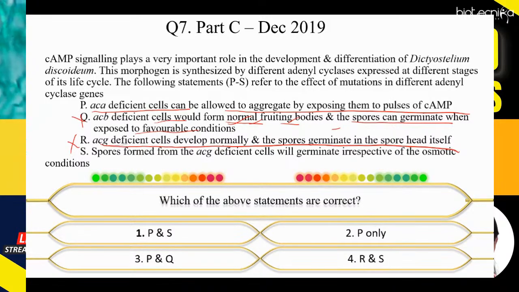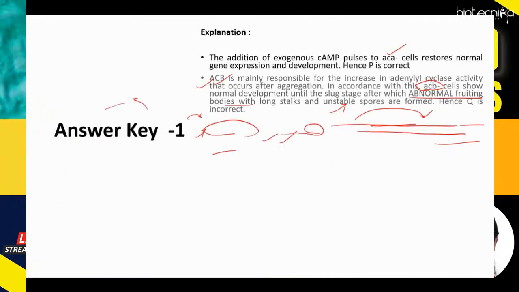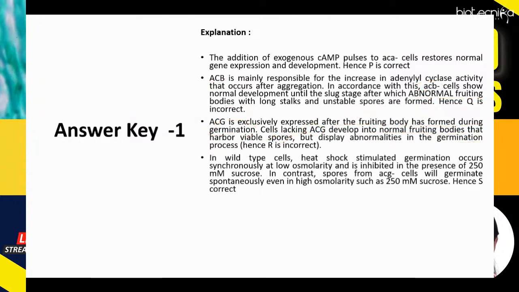ACG deficient cells will develop normally, but the spores will not germinate. Next, spores from the ACG deficient cells will germinate irrespective of the osmotic condition. No matter what the osmotic condition is, actually ACG helps germination under osmotic conditions.